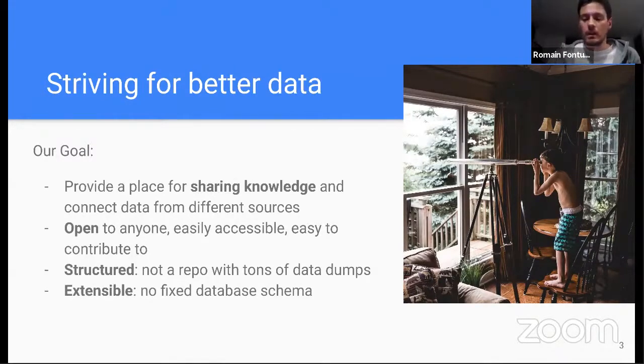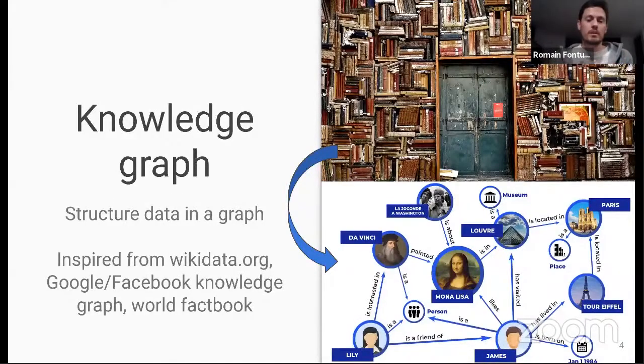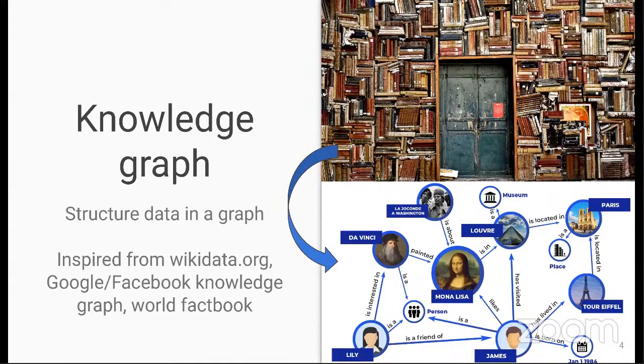And we discussed a lot about this topic with Emile. And one thing that really caught our interest is the knowledge graph. Without giving too much detail, a knowledge graph is quite simple. It's simply a graph structure where you put your data.